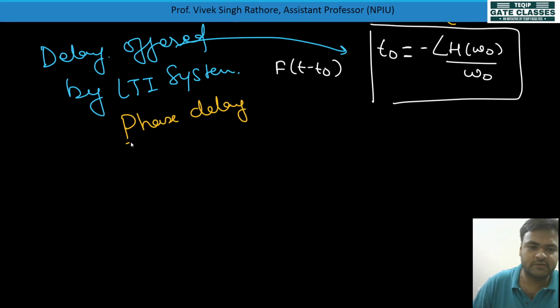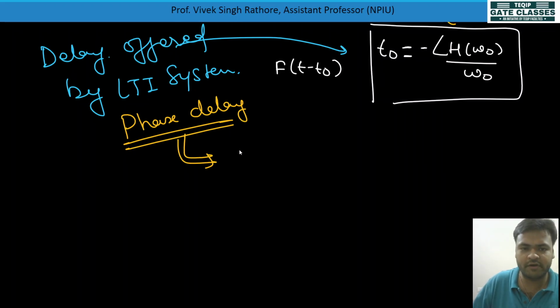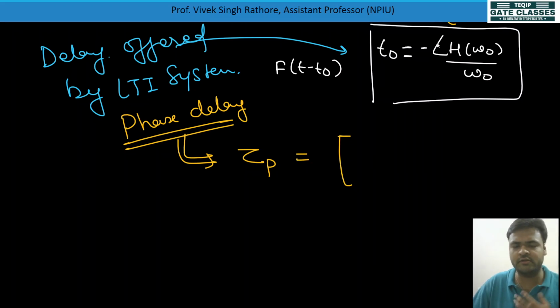So now I'll write here: phase delay, represented as tau of p, is equal to minus the phase of H of omega naught, which is nothing but the phase only, so we can write minus phi of omega by omega naught.